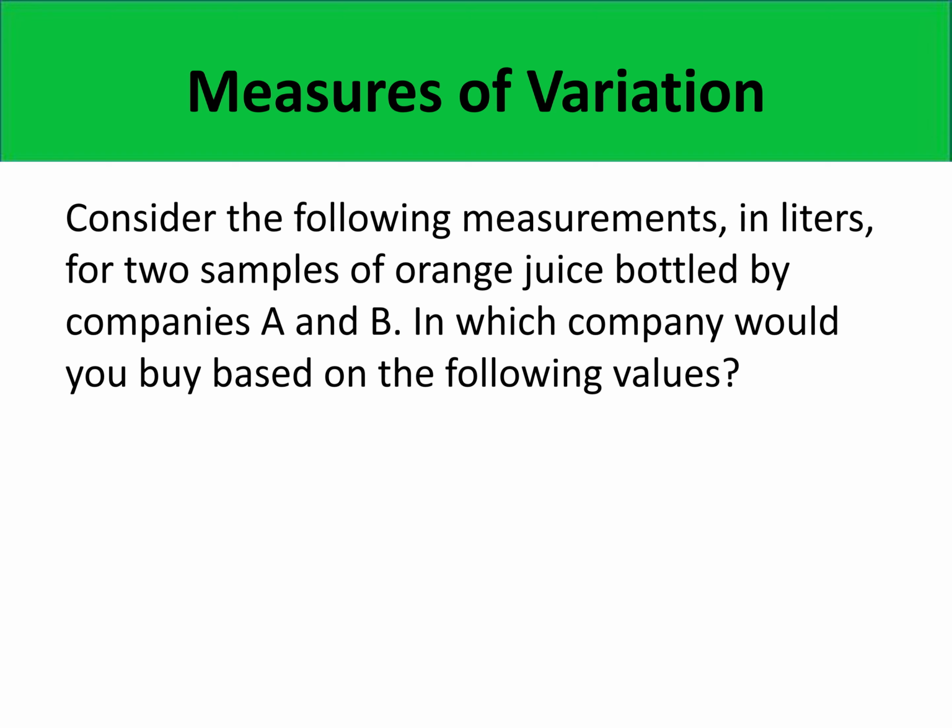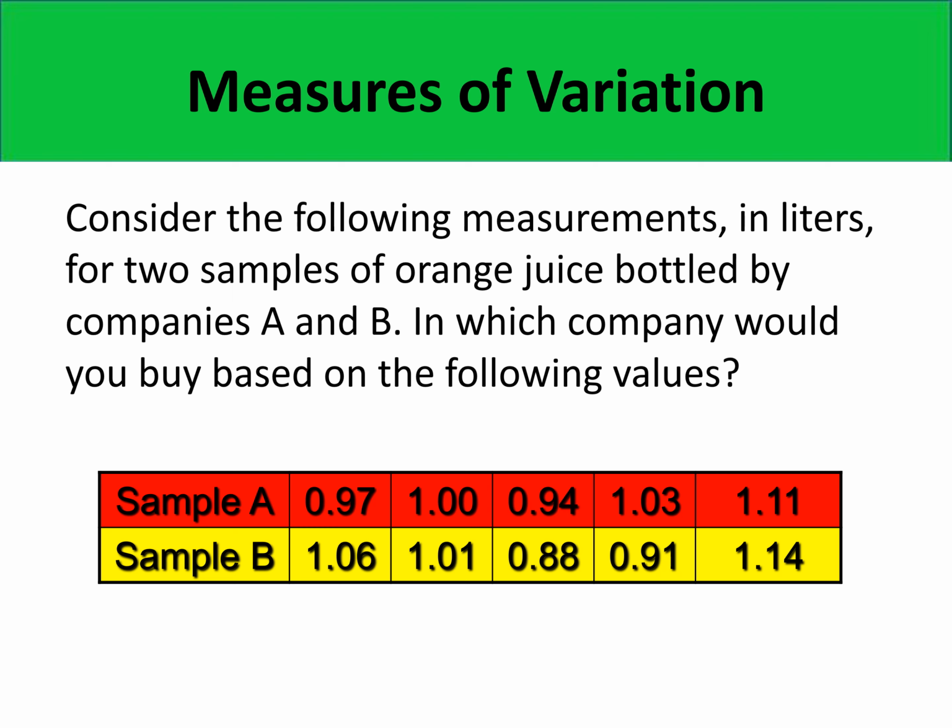So if you are looking for consistency, in which company would you buy based on the following values? Observe that the values in A are more compact than the values in company B. The values in company B have a higher range of values compared to A. So if we are looking for consistency, then we must buy bottled orange juice from company A.